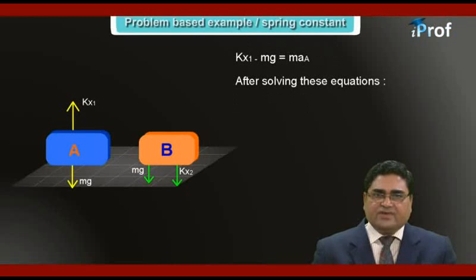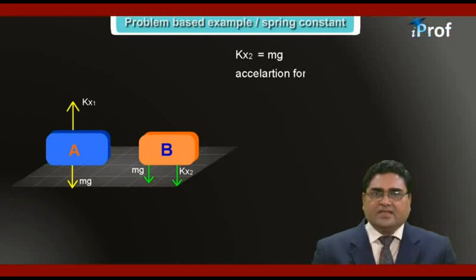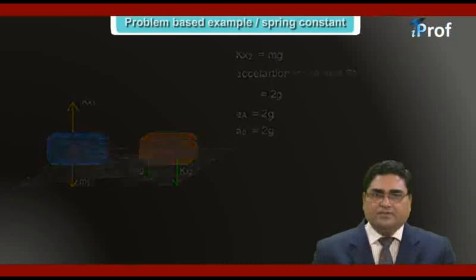After solving these equations by putting Kx1 equal to 3mg and Kx2 equal to mg, we find the acceleration of A and B to be 2g. The acceleration of A is 2g upward and the acceleration of B is 2g downward.